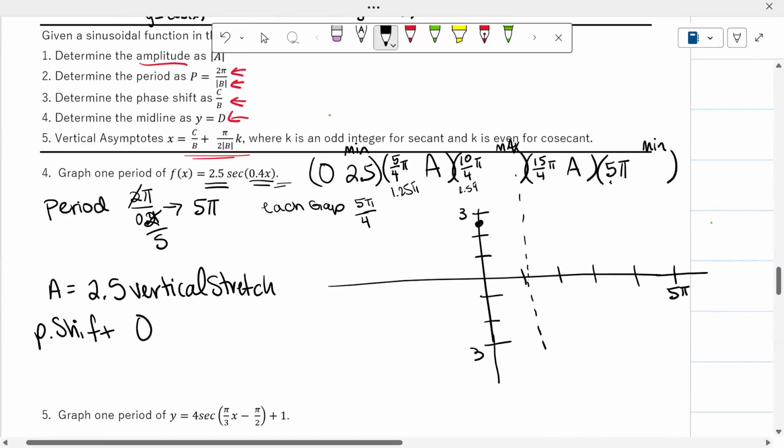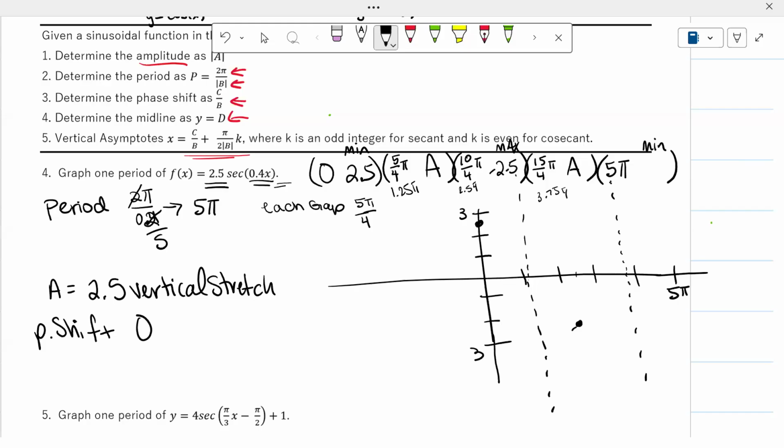So at 2.5 pi, I'm going to be at negative 2.5, and that'll be the max of that U. Then 15/4 is 3.75 pi, and that's another asymptote.